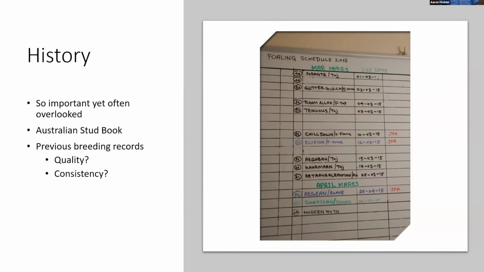And certainly most of us at Crush side will have some form of breeding record, whether a file, piece of paper, digital records. And certainly over the years, I've seen varying quality and varying consistency of breeding records. But first and foremost, if I'm assessing a problem dry mare, I'll look at her breeding history.